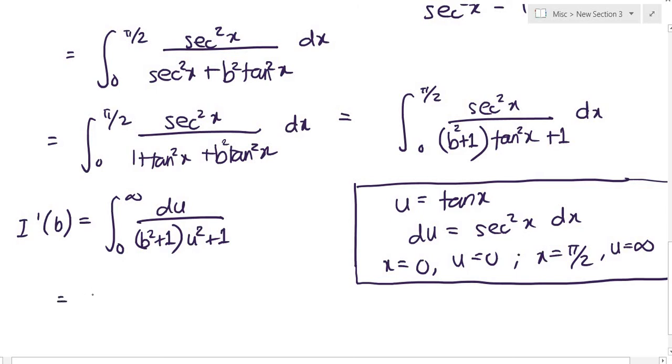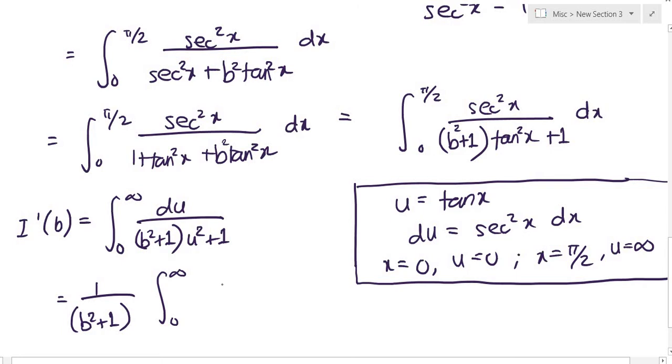Now I really want to factorize this b squared plus 1 term outside. So we have 1 over b squared plus 1. b is a constant with respect to u, so we can just pull it out of the integral, in case you were wondering.